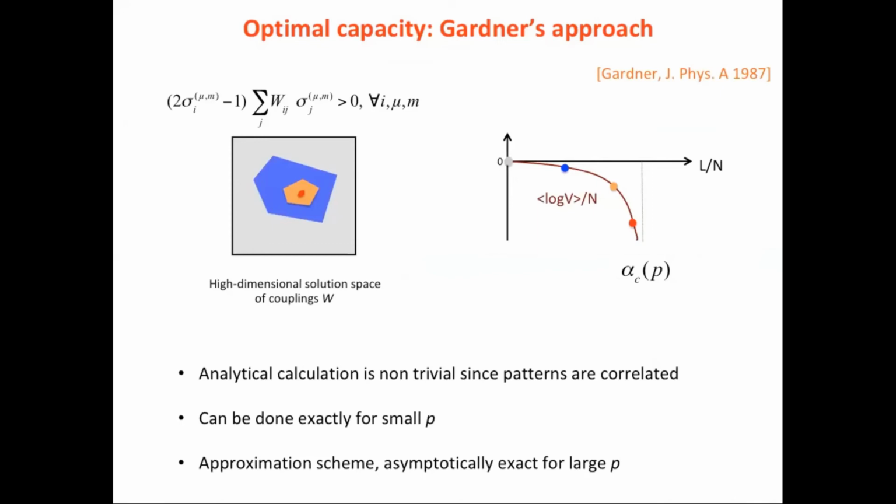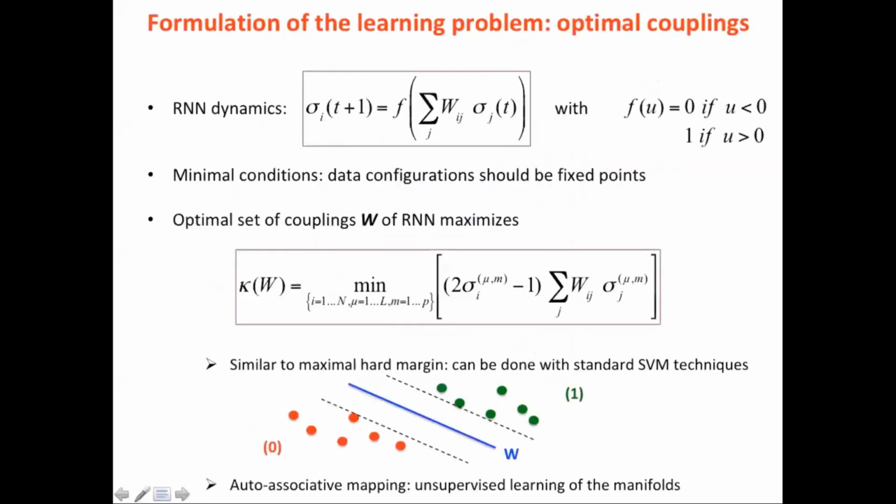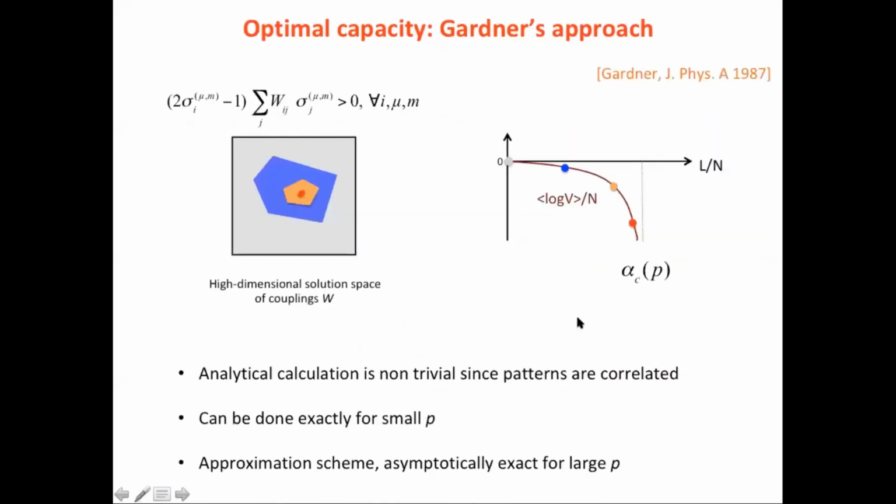From a purely formal point of view, we have a set of inequalities here, which is exactly the argument of the function I've shown before. In the worst case, I want this kappa stability to be at least 0; it should be positive. So we have all these inequalities that should be satisfied at the same time. If we have few manifolds, there are many ways of choosing the W matrix to satisfy all the inequalities.